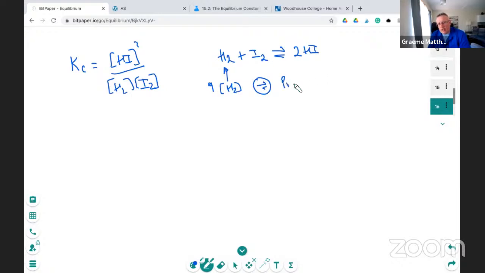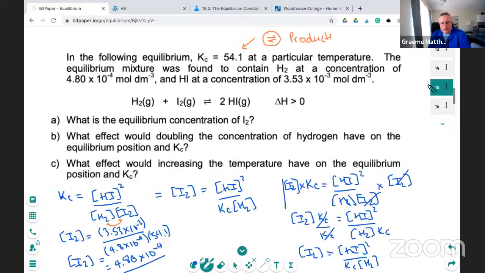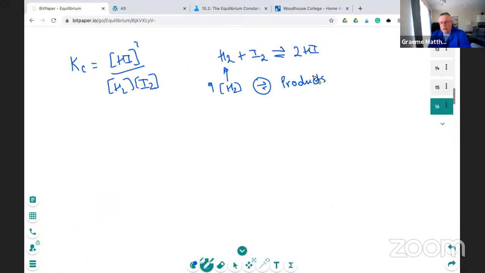It's going to favor products. This is nothing more than Le Chatelier's principle, and we did this in the previous lesson.